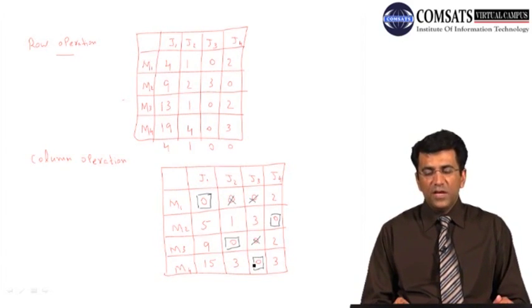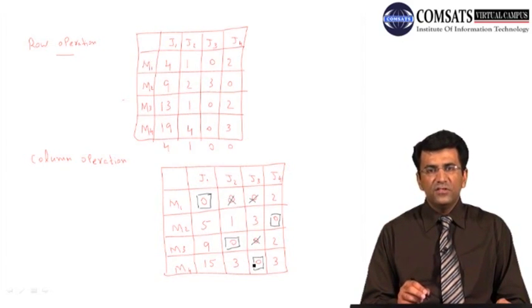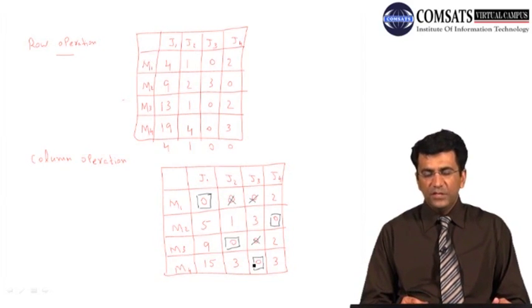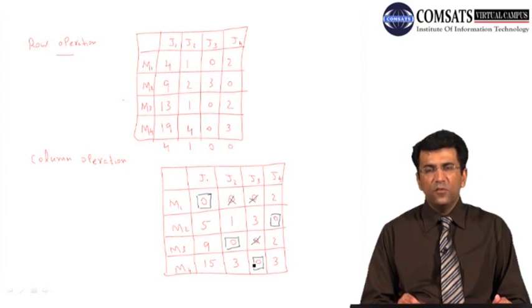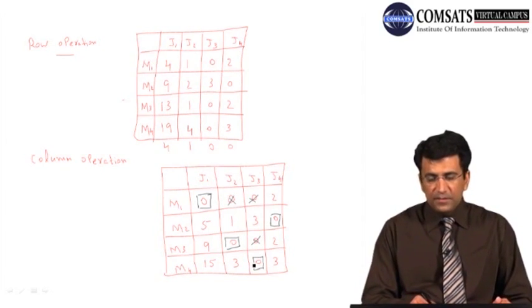Suppose we are not able to achieve these 4 assignments, then we'll have to move to the next step, in which ticking is done, then we draw the lines, and then the relevant numbers are to be subtracted or added at the points of intersection. But in this particular case we are able to find the optimal solution. As you can see from this matrix, there are 4 different assignments we can make. Now how can we make the assignments?